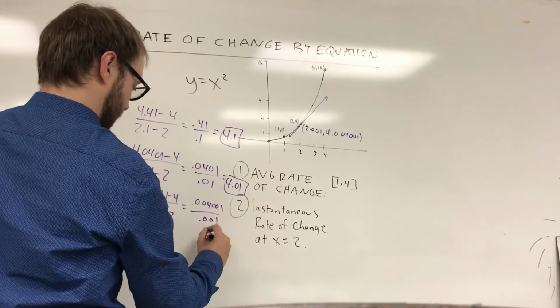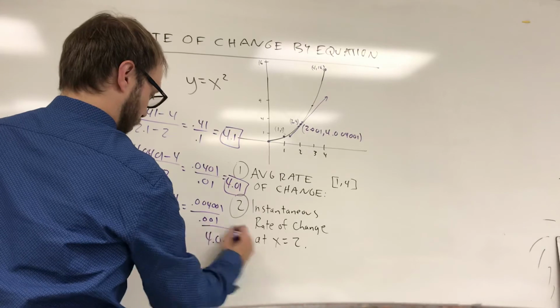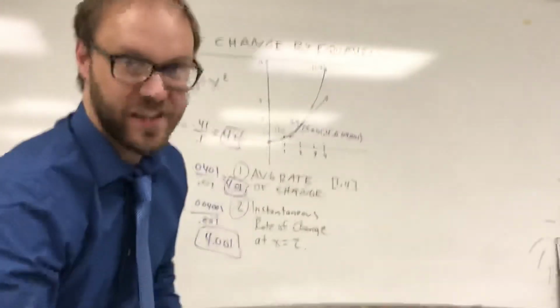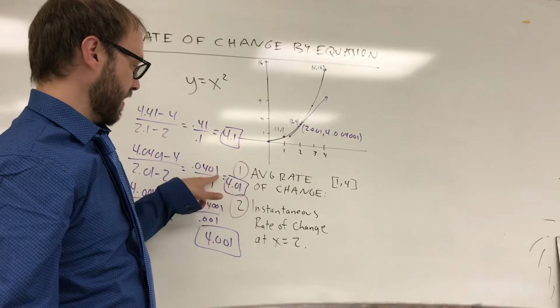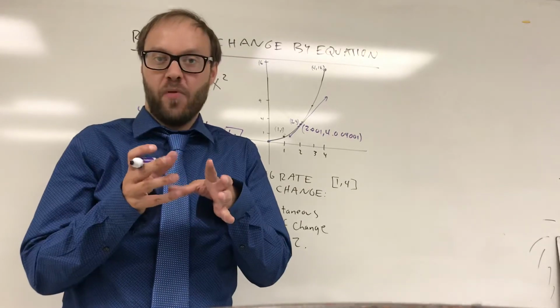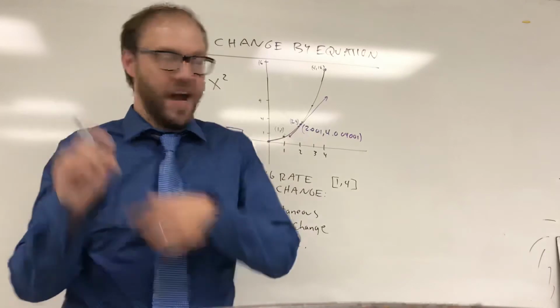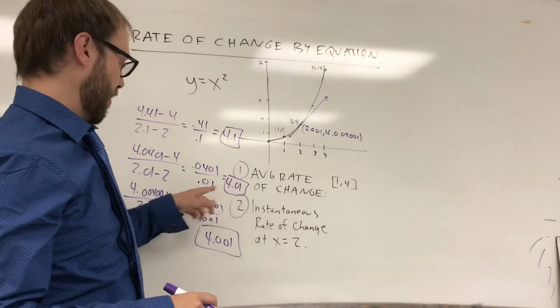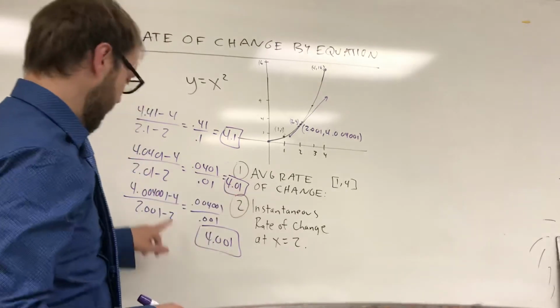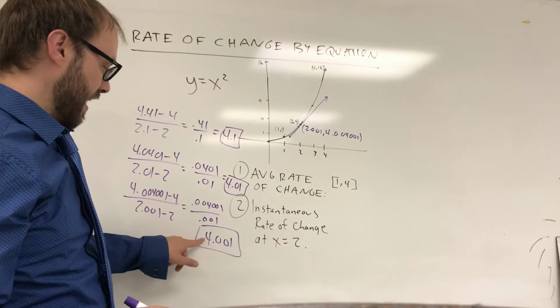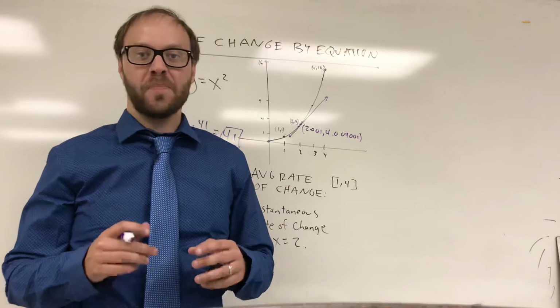If you work that out, it's going to be about 4.001, okay? So notice, my original estimate of my slope was about 4.1. I picked points a little bit closer together. And again, you could pick a point that's closer above it or behind it. You could have picked a point at 1.99 here as well. But we got a slope that's a little bit closer to 4. I picked points that were a little bit closer together. I got a slope that's a little bit closer to 4, all right?